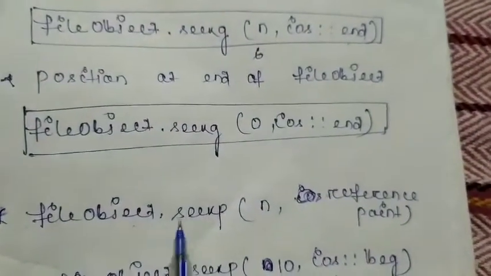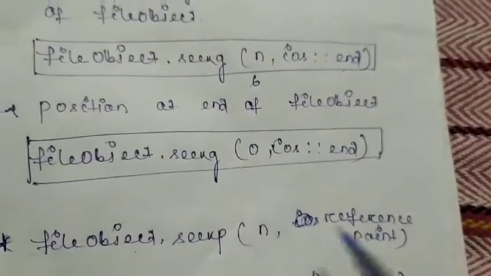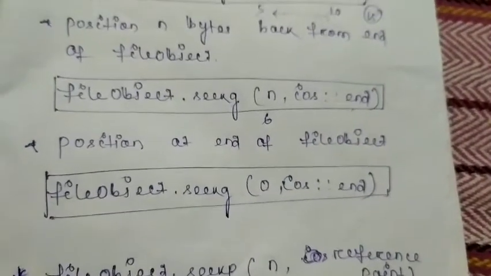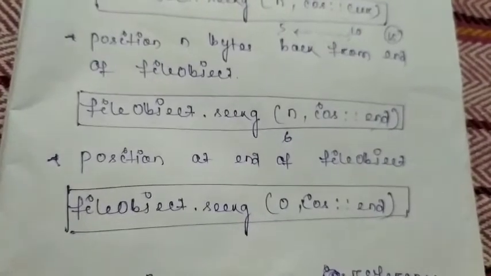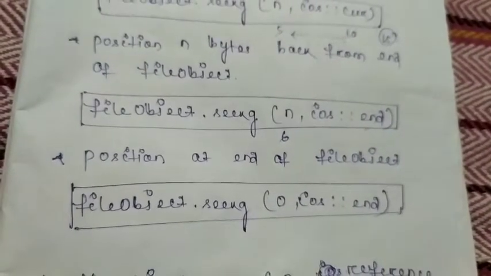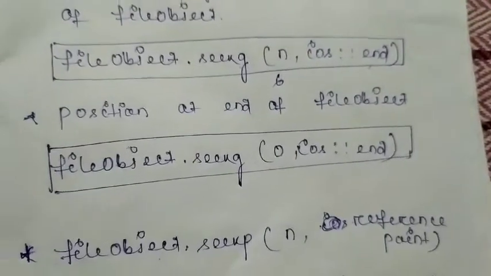So see this, and you only have to remember this: file object, then function, then the number of bytes you want to move, either get pointer or put pointer, then the reference point, and you have to remember these actions.